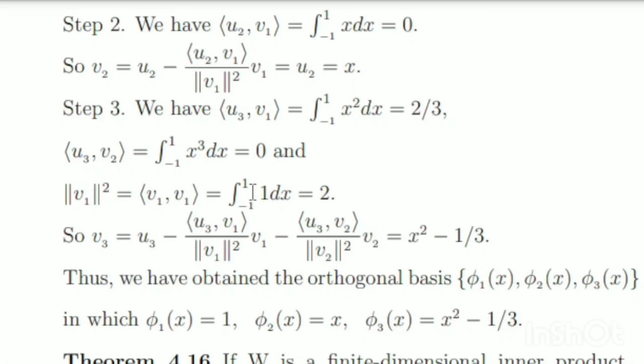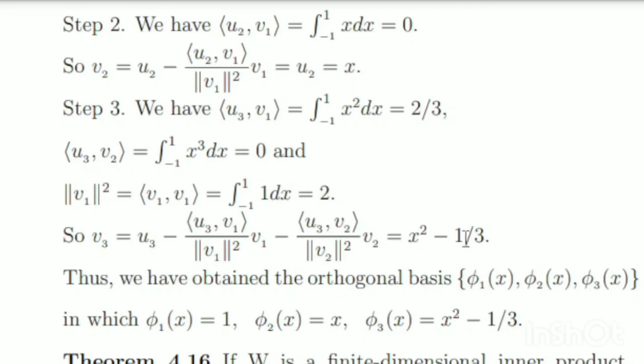Integral of 1 is x, from minus 1 to 1 it is 2. So v3 equal to u3 minus <u3, v1> by norm v1 squared into v1 minus <u3, v2> by norm of v2 squared into v2.